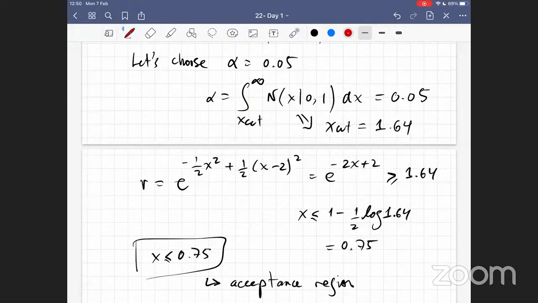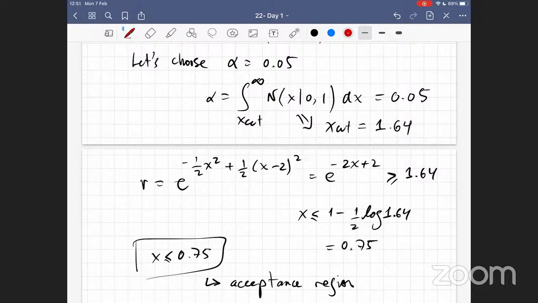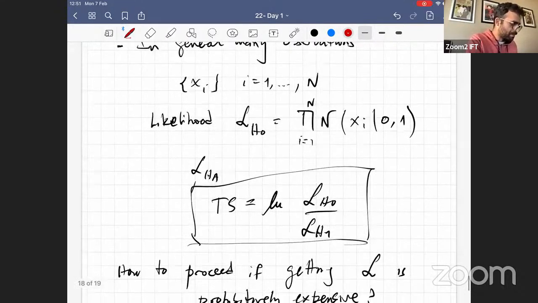But if we have many, then we can define T in a different way, and then we wouldn't calculate the ratio of the likelihoods, right? But of something else, like the distribution of it. Okay. Yes, exactly.